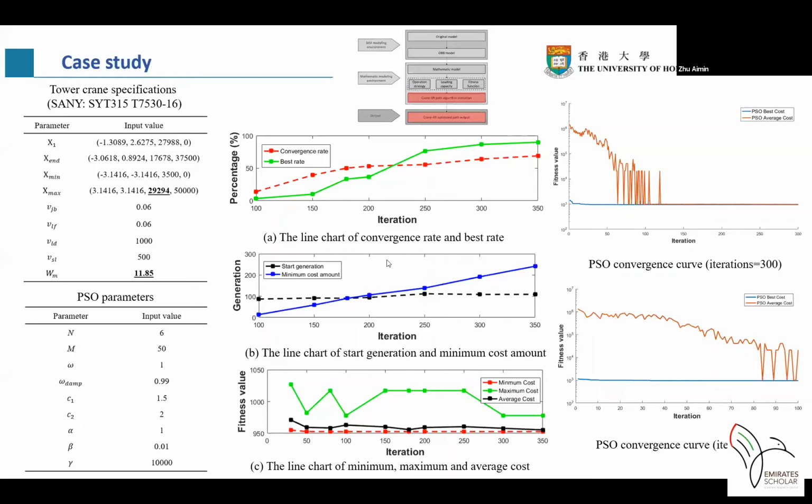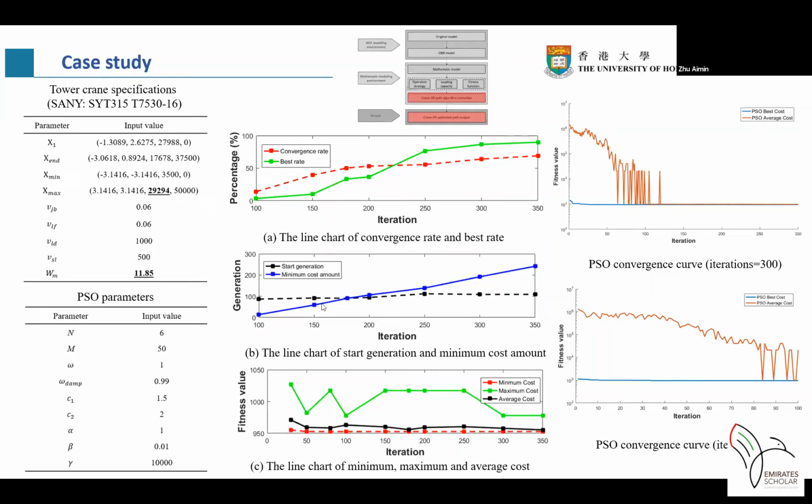And the 3 pictures in the middle comprehensively analyze the performance of PSO. From figure A, it can be found that the best rate and convergence rate increase with iterations.